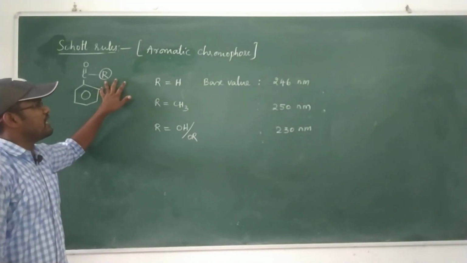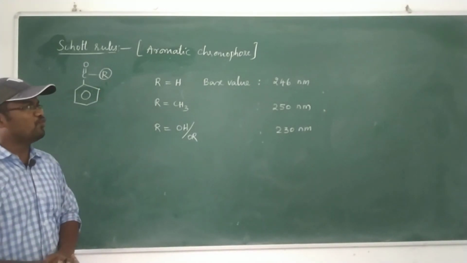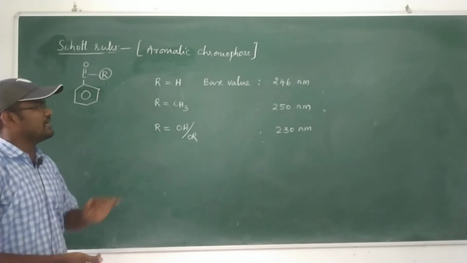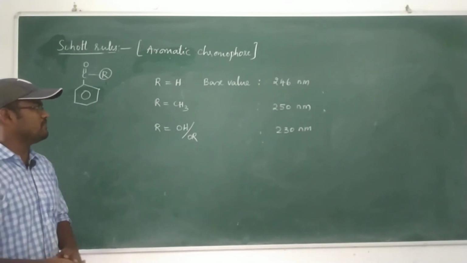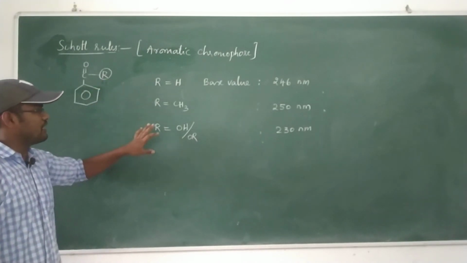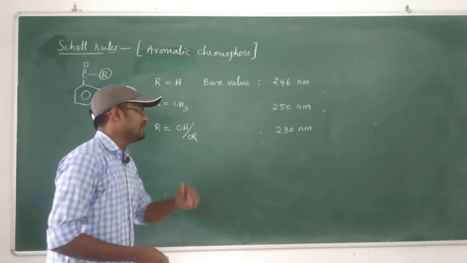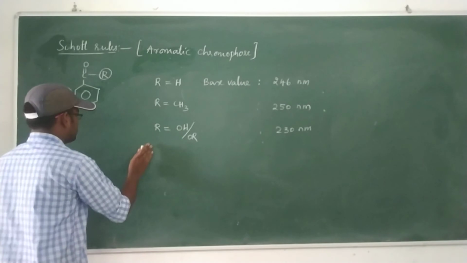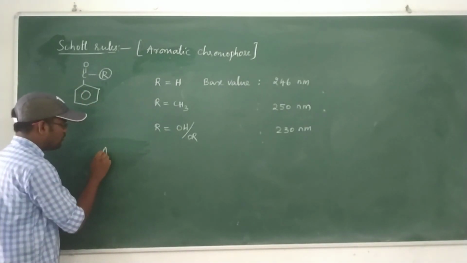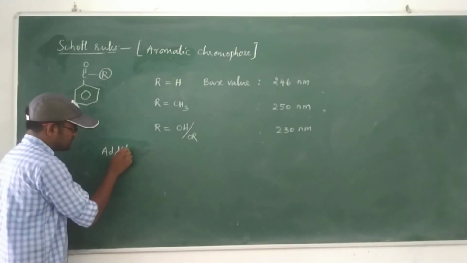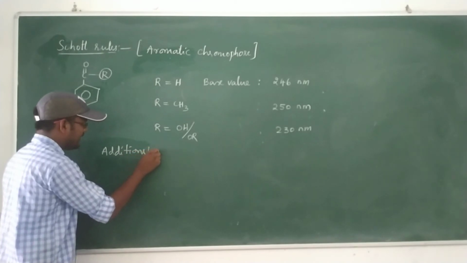These are three types of base values. For R as hydrogen, aldehyde, 246. For R as CH3, 250 nanometers base value. For R as OH, acid, or OR, ester, 230 nanometers. These are parent values. Next, we have only the addition values remaining.